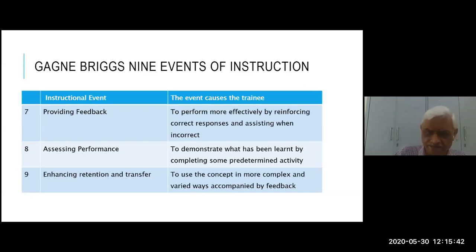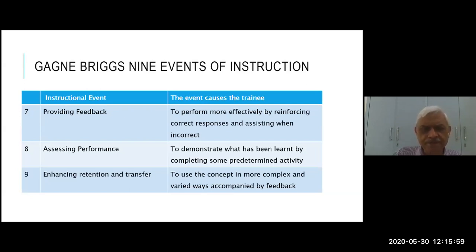If more participants in the session have performed well, that is also an indication that you have performed well as a trainer, right?